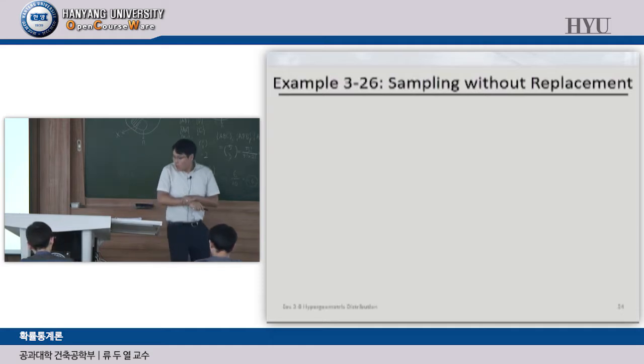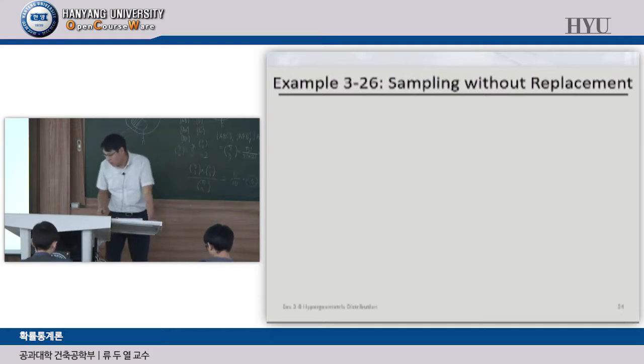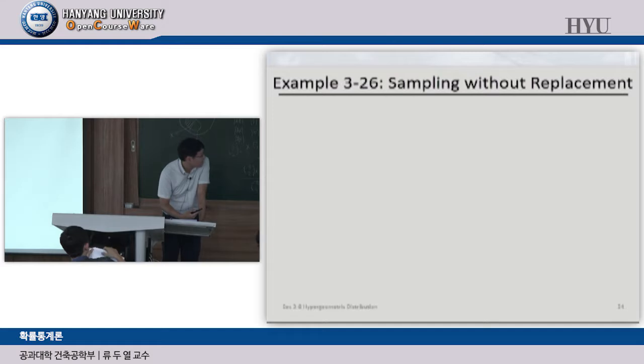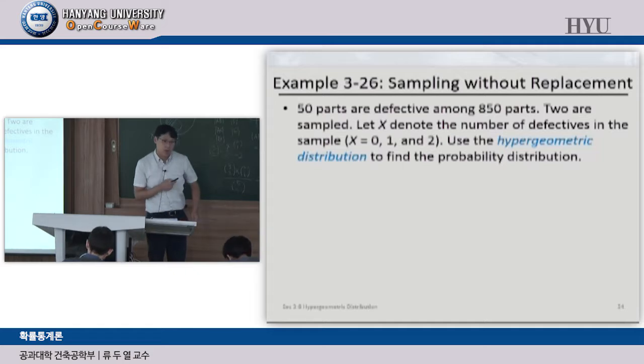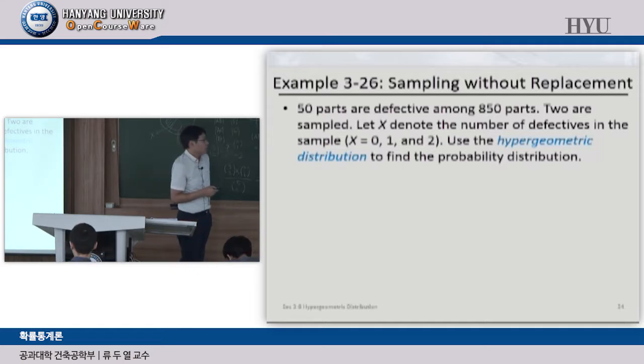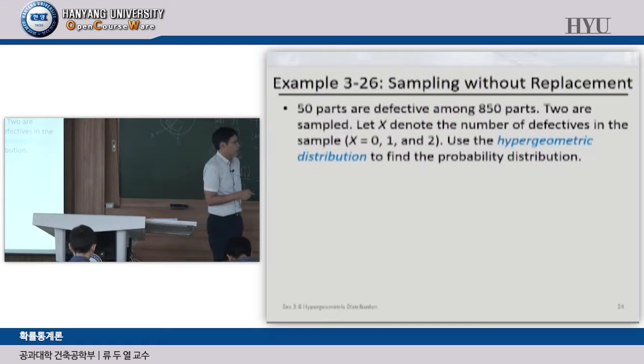Now we are going to solve example 3-26 based on this hypergeometric distribution concept. This is the case of sampling without replacement. 50 parts are defective among 850 parts, and 2 are sampled. Let x denote the number of defectives in the sample.